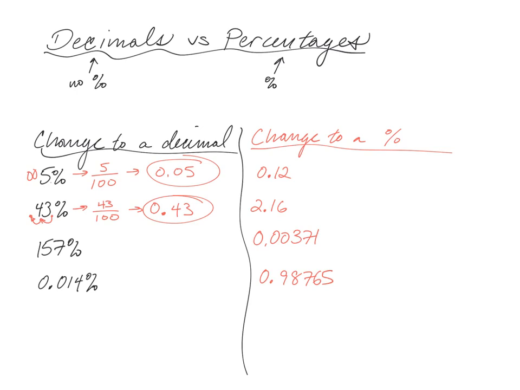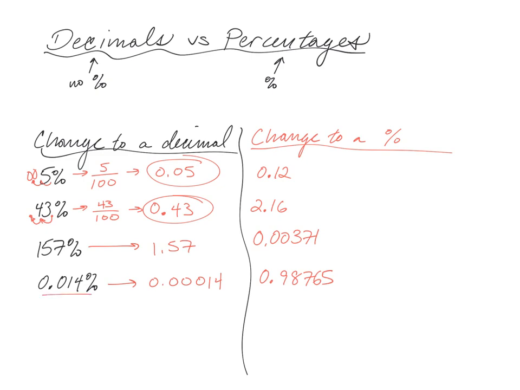Move the decimal point 2 places over, and it would have been 0.05. You can see pretty easily that this would be 1.57 as a decimal, and that this one would be 0.00014.